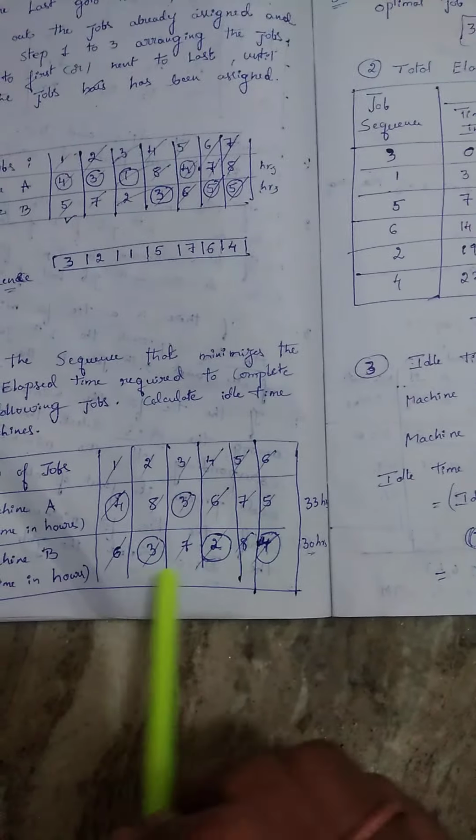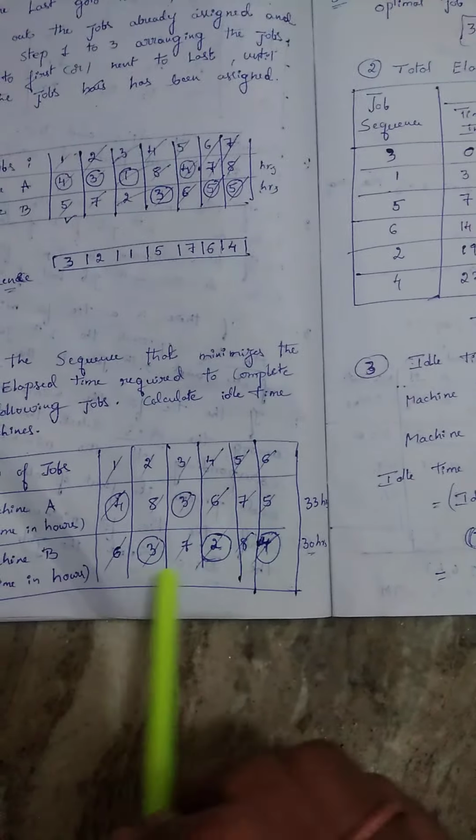That means Ak equals Br. Check the condition: if there is a tie for the minimum, Ak equals Br, process the kth job first and the rth job last. The third job we are placing first, and the second job we are placing last, as per the Ak equals Br condition.